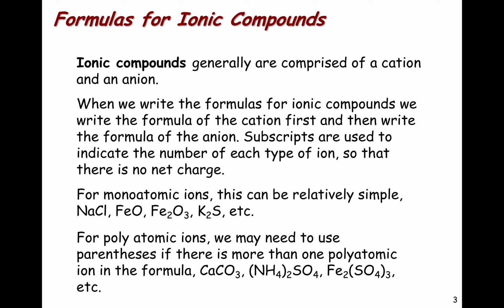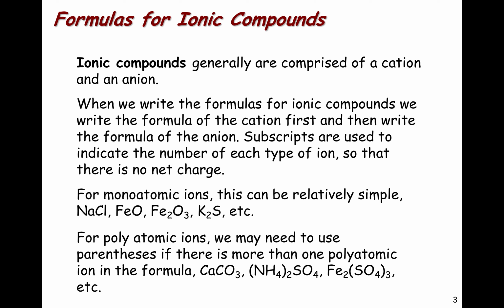In this case, calcium is the positively charged ion, and there's only one of the calciums, whereas carbonate is a group of 4 atoms, 1 carbon and 3 oxygens. And so in this case, since there's only one of those ions, we don't need a parentheses. So in this case, the charges of the positive ion and the negative ions are the same.